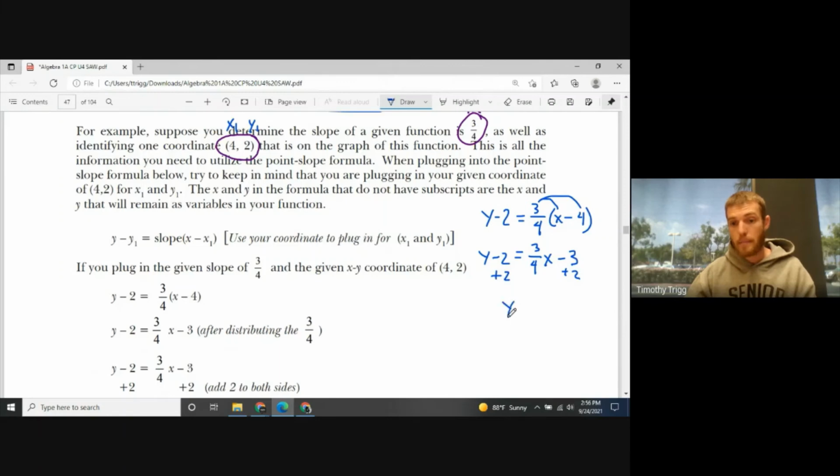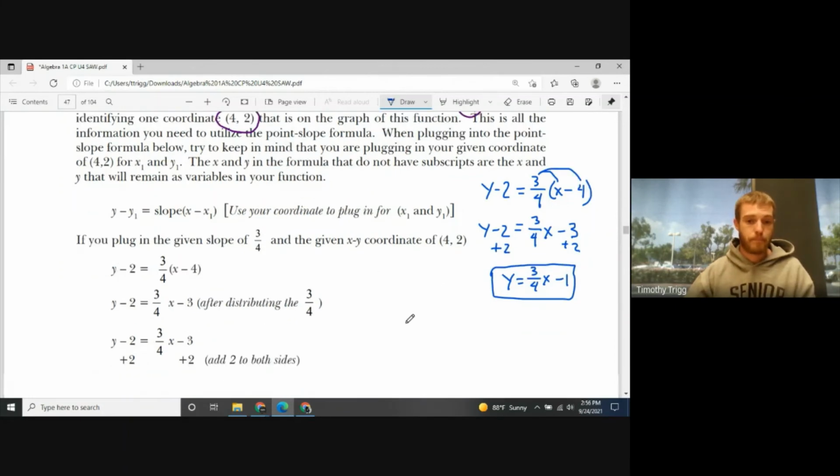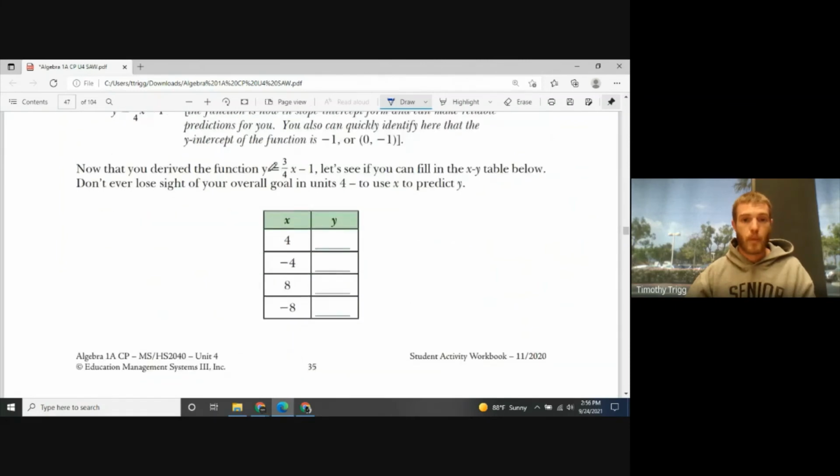So that'll be y equals 3/4 x minus 1. There, now we're in slope-intercept form. We can see our slope is the same, 3/4, and our y-intercept is -1. y equals 3/4 x minus 1.